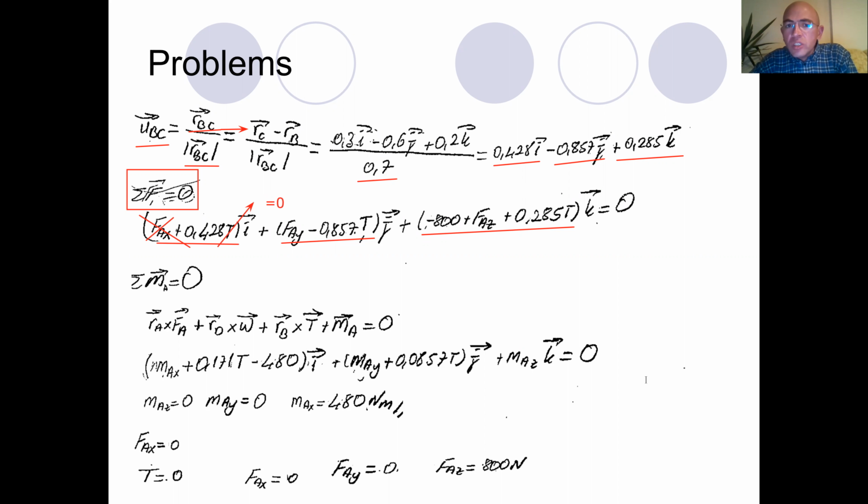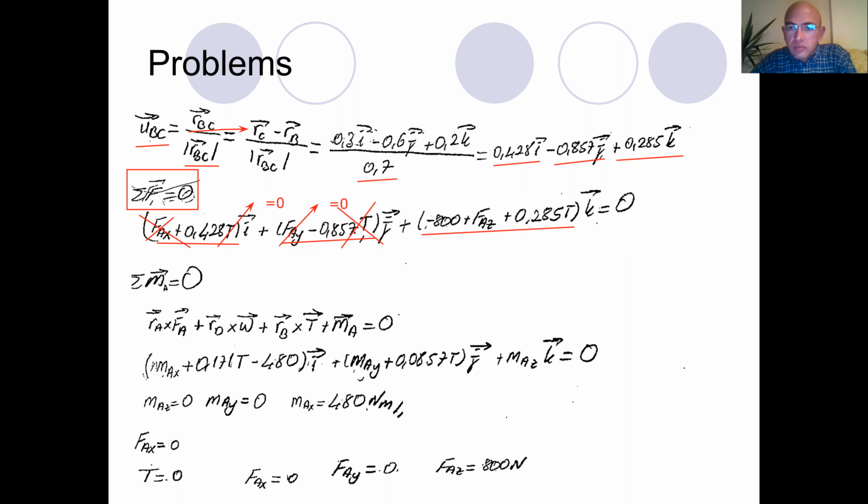Okay, now I know tension is 0. So let's look at the y component. This term vanishes, which means that Fay is equal to 0 as well. So Fay is equal to 0.